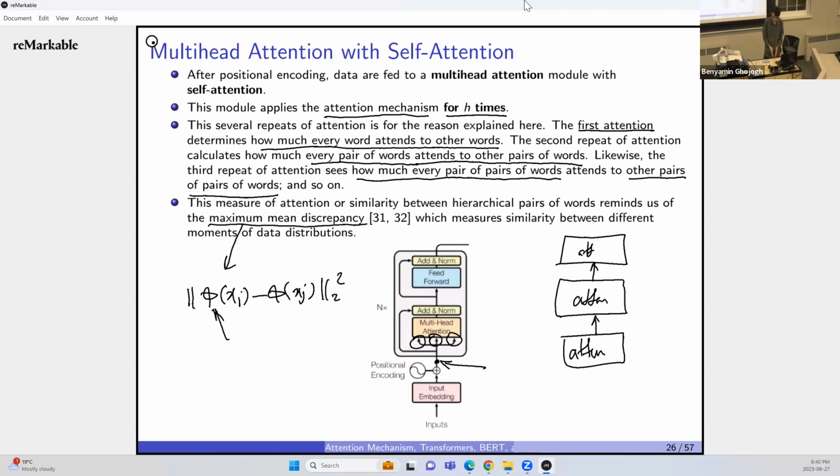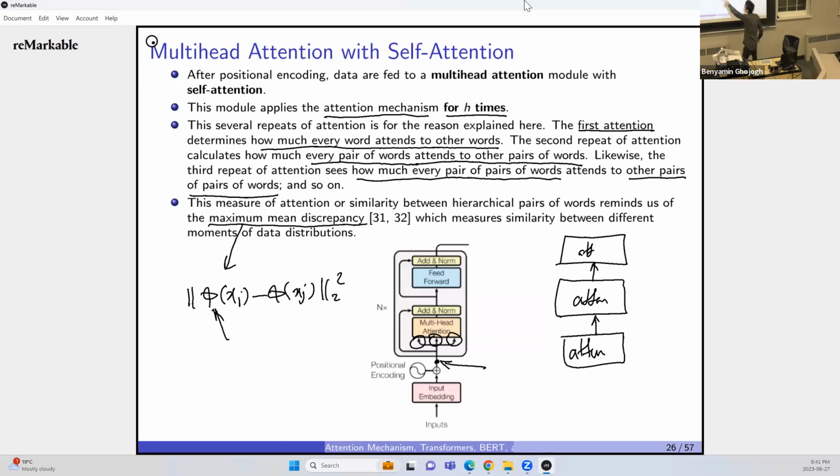So it doesn't suffice to calculate the difference of the first moment, and not sufficient to calculate the difference of the second moment. You need to calculate the difference of all of the moments. And maximum mean discrepancy, which is this, does that for you. Why? It maps them to the Hilbert space, and in the Hilbert space, if you calculate their difference, it's like you're calculating the difference of all of the moments in the input space. Okay, this is the idea of maximum mean discrepancy.